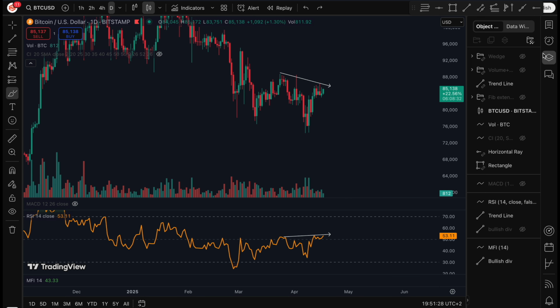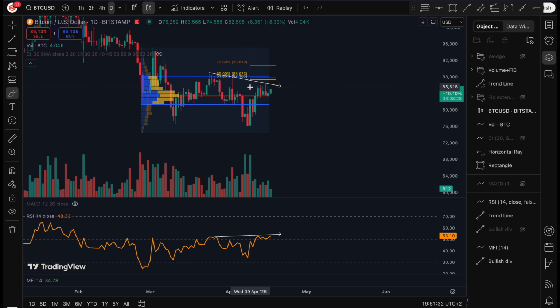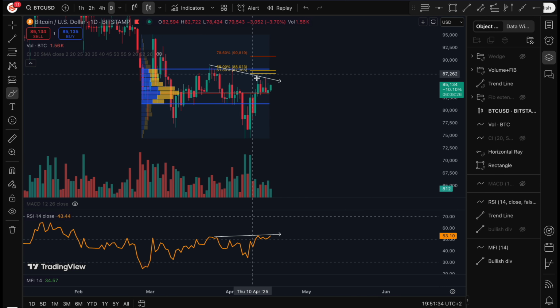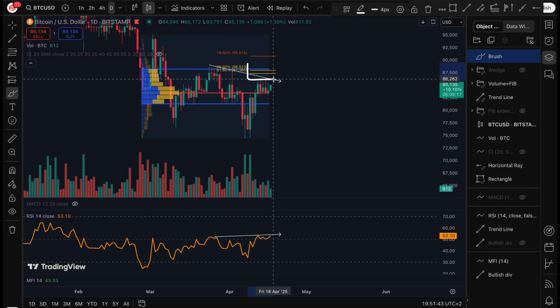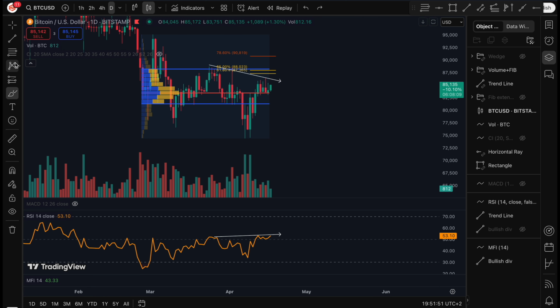Now let's continue with the analysis. As you can see here, if I put the volume profile, we can see that we have some kind of resistance at 88.1 thousand dollars per Bitcoin, which almost perfectly coincides with the Fibonacci retracement tool. So if the price comes back up here, we can look for a short position around here.